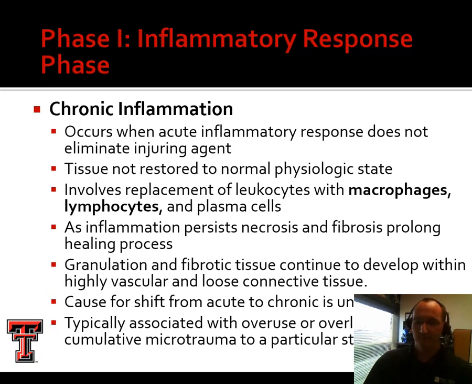Now, as I think I've shared in this class before, I'm dealing with the healing process associated with a stress fracture, stress reaction. That initial inflammatory phase I tried to run through. I thought it was something different. So as a result, my inflammatory response turned somewhat chronic. Okay. Now, lots of times this is going to be associated with overuse or overload or cumulative microtrauma.